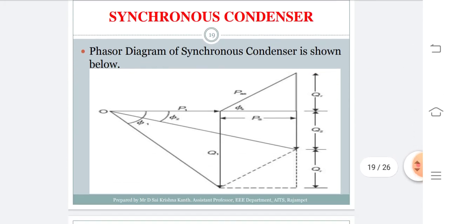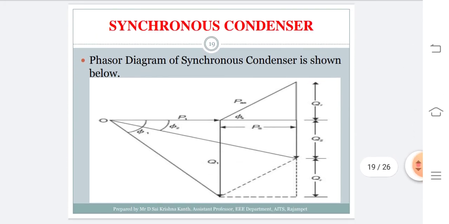Here I have shown diagrammatically the phasor diagram of the synchronous condenser, where 0 to P1 is a vector which is only the active power drawn by the load. At that moment the reactive power is Q1, so from the power triangle we have P1, Q1 and φ1 as the power factor angle. Later, after installation of the synchronous condenser into the system, it also draws some amount of power PS.